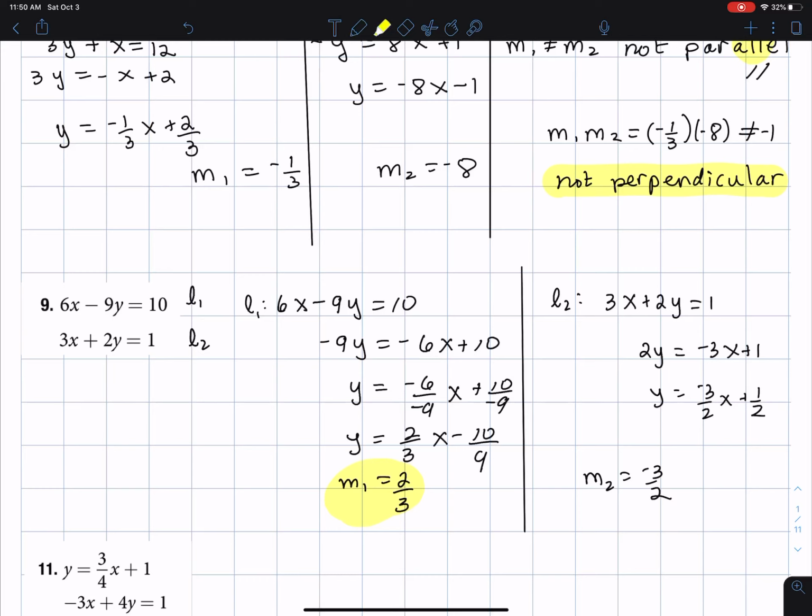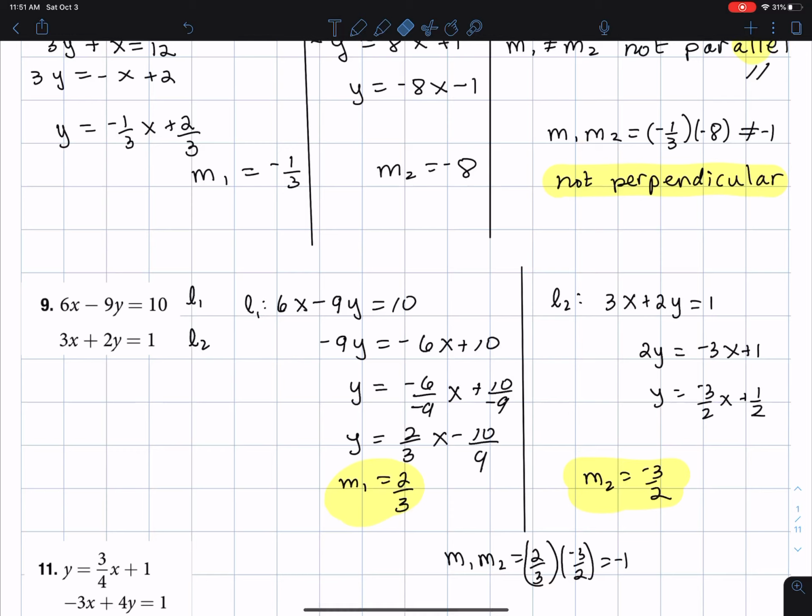The relationship between these two is that they are negative reciprocals of each other, which means they're perpendicular. I want to write it a little more precisely. m1 times m2 is equal to 2/3 times negative 3 halves, which equals negative 1.